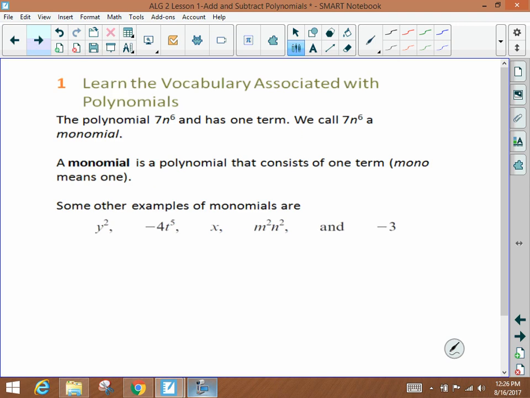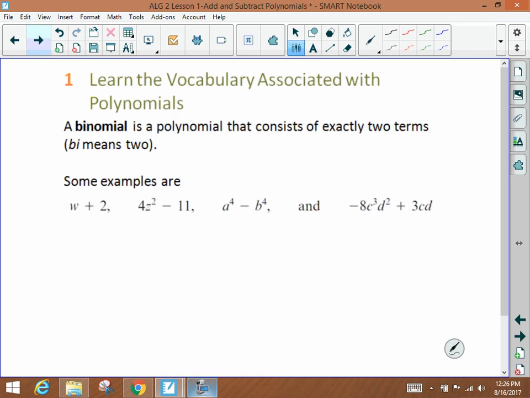All right, the polynomial 7n to the 6th power, it only has one term, so we're going to call it a monomial. So any expression that only has one term, we'll call it a monomial. And we have some other examples of monomials down below. A binomial, right?